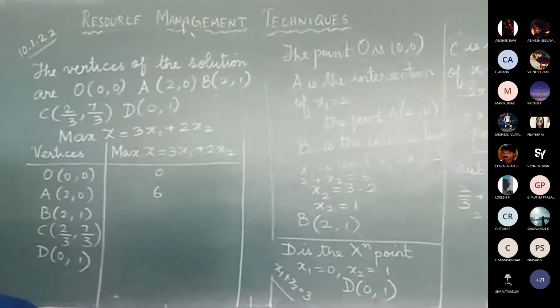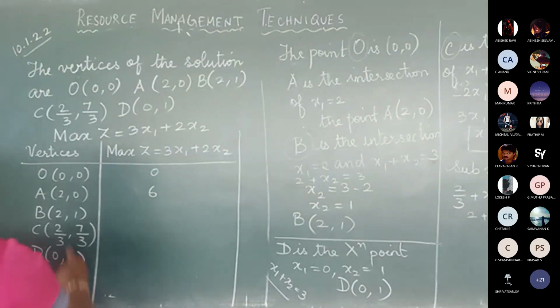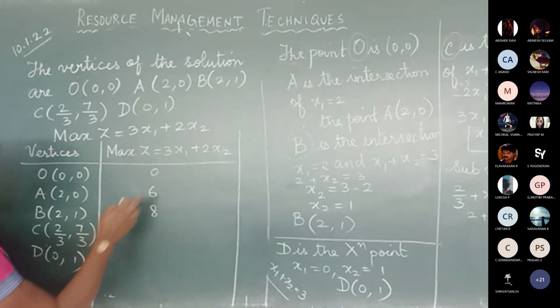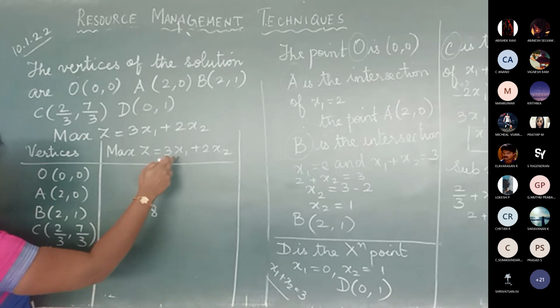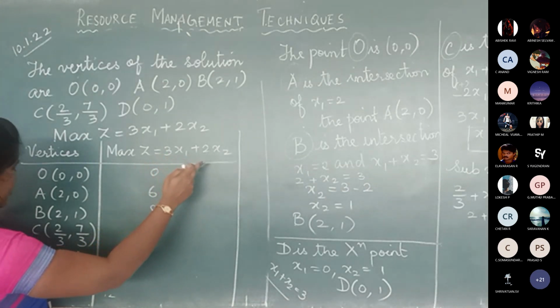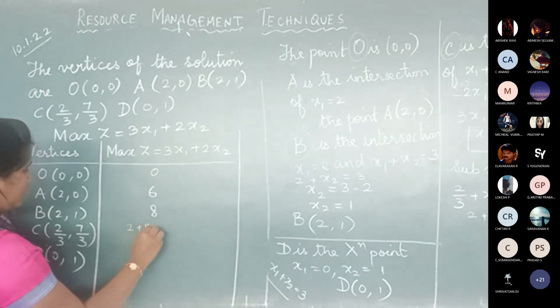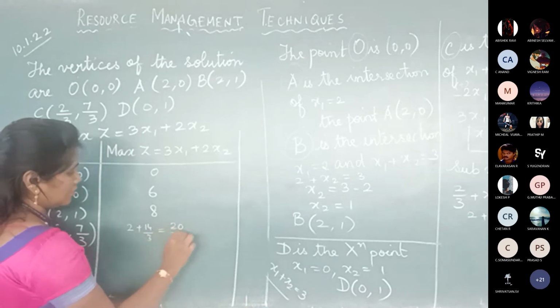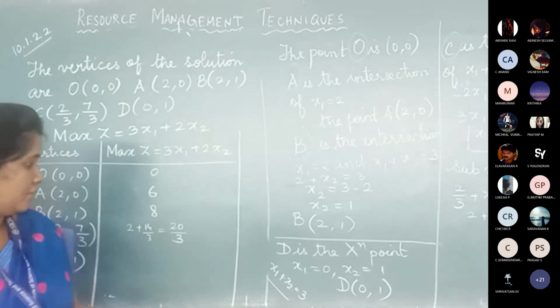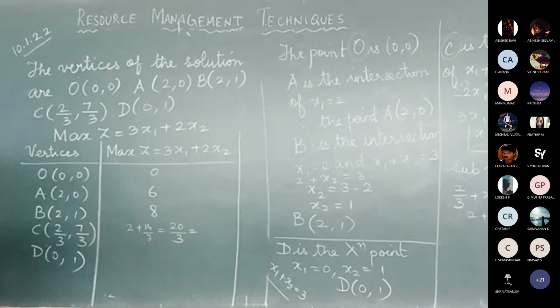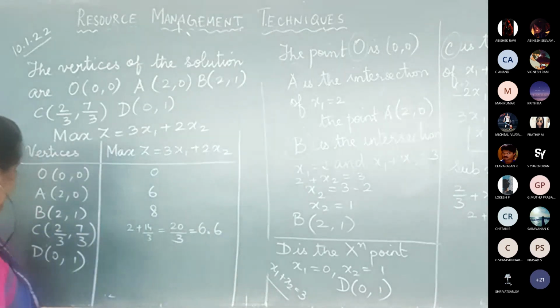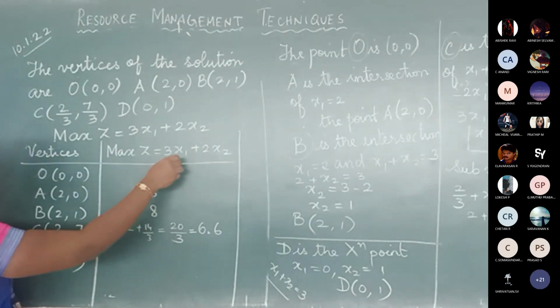What do you get? 8. Very good. Then for C, 3 gets cancelled, so you'll have 2 plus 14 by 3. What do you get? 20 by 3. Are you getting 20 by 3? So 20 by 3 in decimals, are you getting 6.6? Then your last one, you substitute 0, 0, it becomes 0.